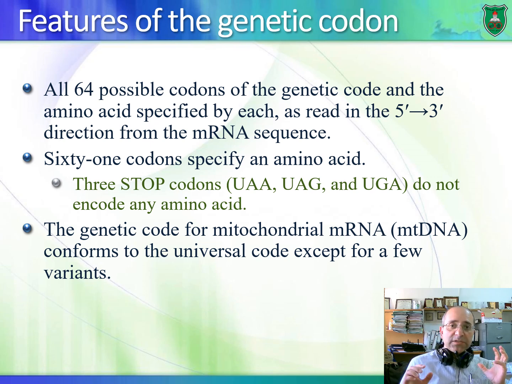Now, this genetic codon table is really a universal table. Now, there are, of course, exceptions. As always, they exist in bacteria as well as mitochondria, since they have their own DNA and they have their own transfer RNAs and genes and whatever. Okay, so there are some exceptions, but overall, it is universal.